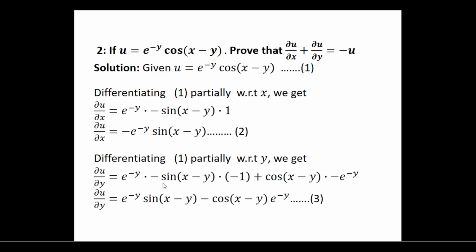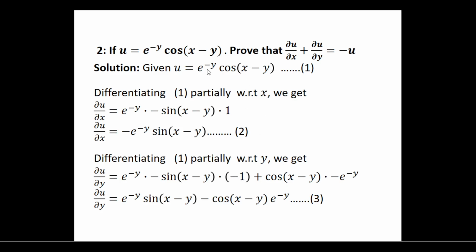So you will get -sin(x - y) times the differentiation of x - y with respect to y. What is the differentiation of x? It is 0. And what is the differentiation of -y? It's -1. So 0 minus 1 is -1.